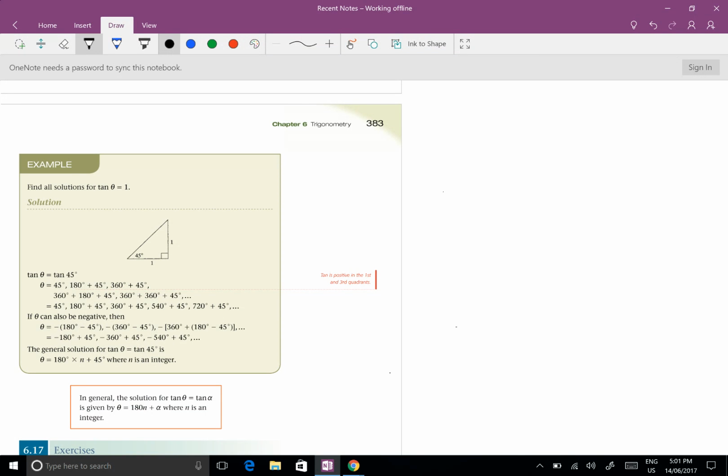So on our formula sheet we get sine(theta plus phi), and we know that equals sine theta cos phi plus cos theta sine phi. And if we put the negative in there, that just changes that to a negative.